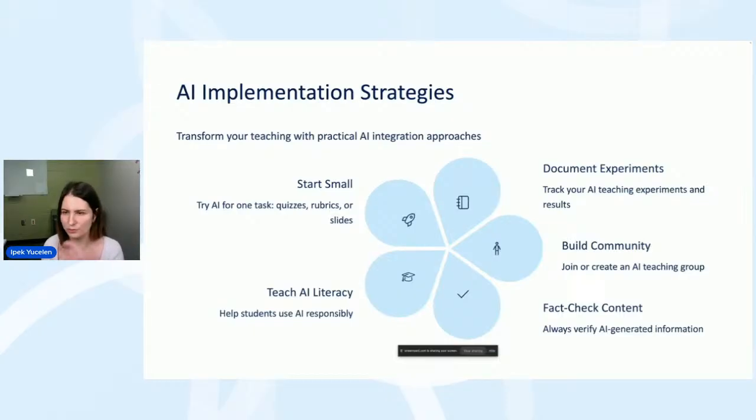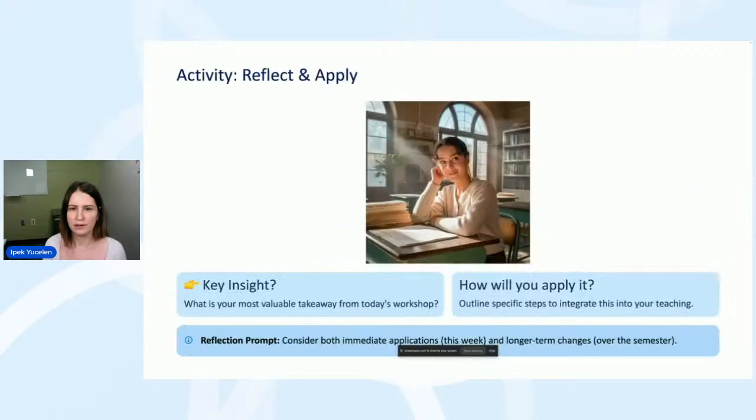And as I said, document your experiences, because this documentation can help you to do better prompting in the future, which prompts gave you better answers. Build a community, interact with other instructors, and always check the content that is generated with AI. Educate yourself about AI literacy, meaning responsible use of AI, and then teach that to your students. And of course, this is always changing. We are always learning new things every day, and we are improving ourselves.